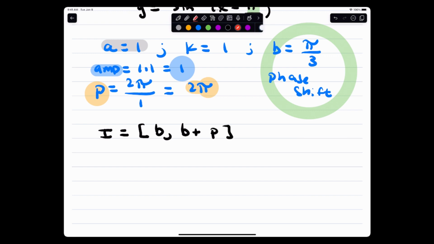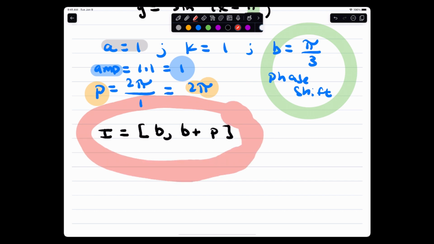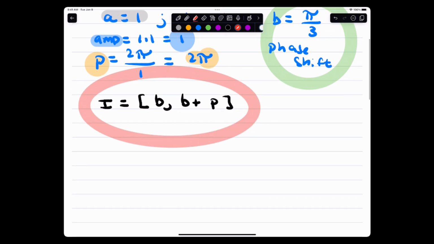This is an important thing to find. This is your interval of one cycle, and that's where the addition is. You put the B value here, and then you add the period to the second B value, because this here is where you start, and this is where you end.